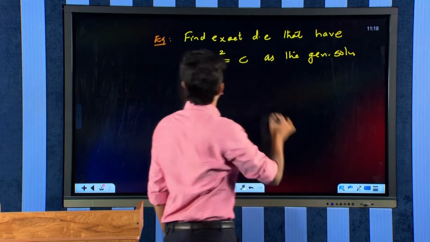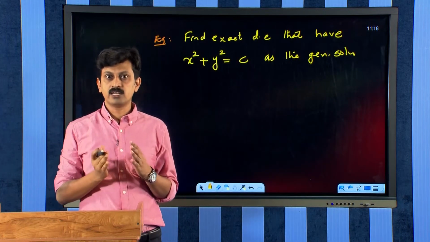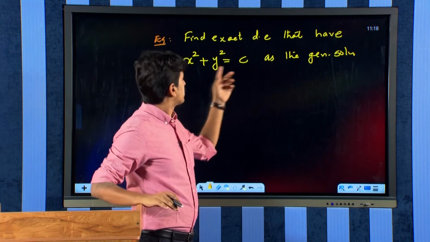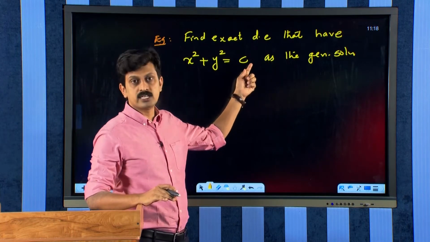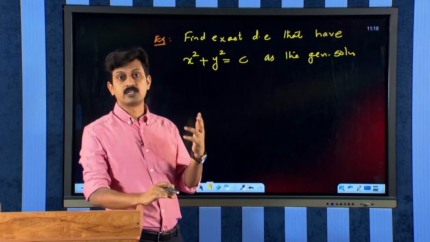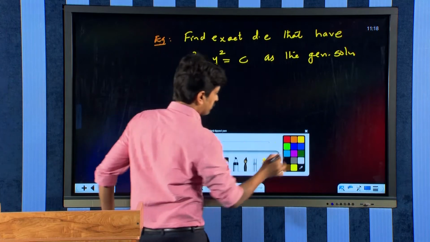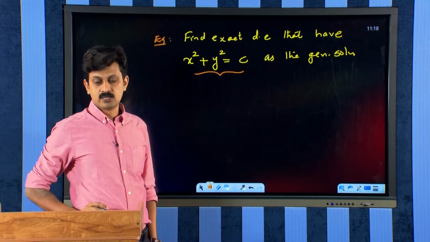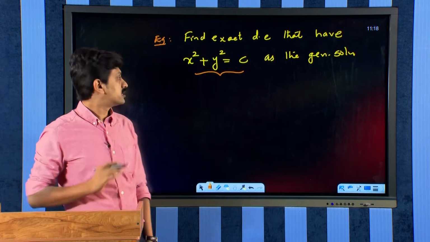So, we have to find a differential equation that should be exact. It can be derived from the primitive, x squared plus y squared equals c, as we said before. This is the general solution, so we can differentiate this given equation.